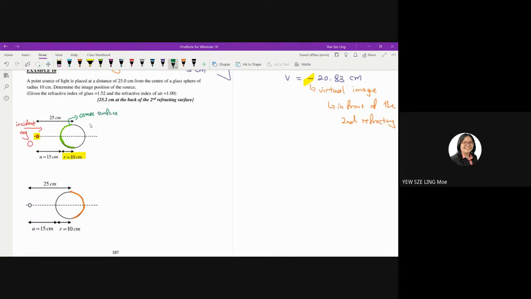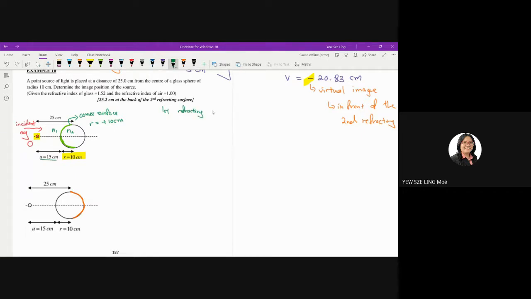Which tells us that my R is a positive value, positive 10 cm. Since my object is located on the left-hand side, this part would be N1, and here would be N2. The object distance given is 15 cm. So now I have all of the information that I need. Let's solve it for the first refracting surface.